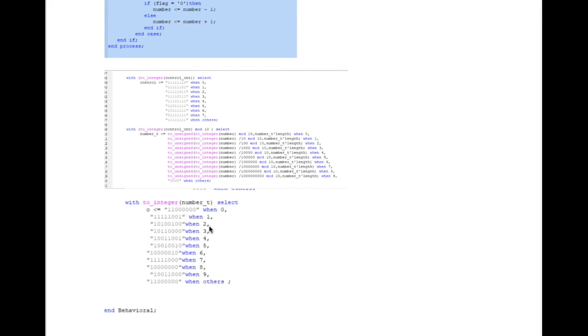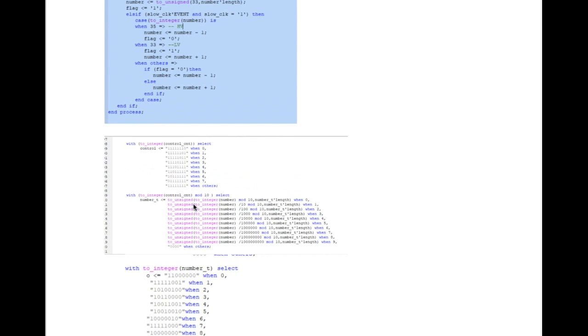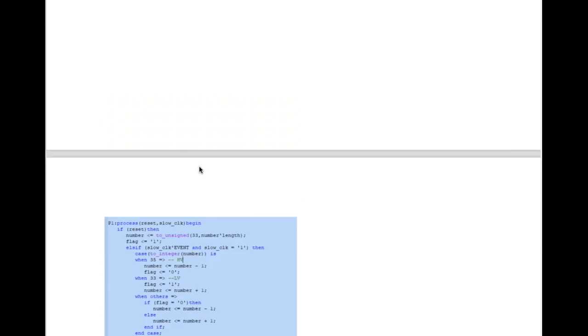The selector should be very fast, fast enough that it looks like it happens at the same time, like seven different 7 segments are on at the same time.